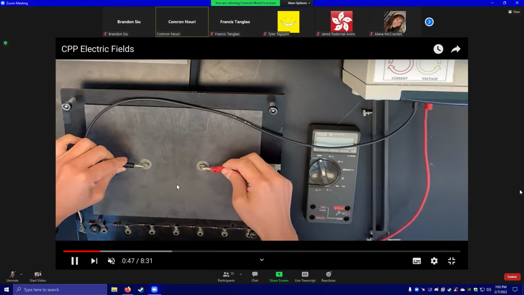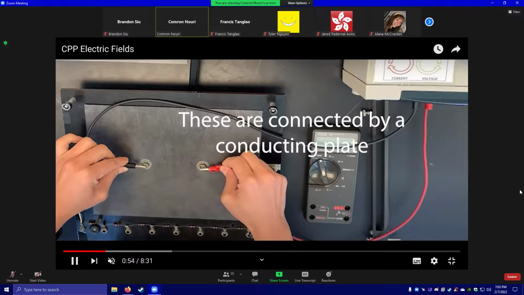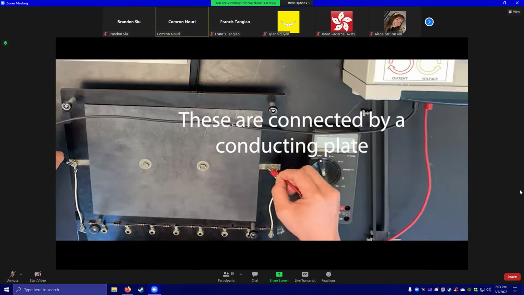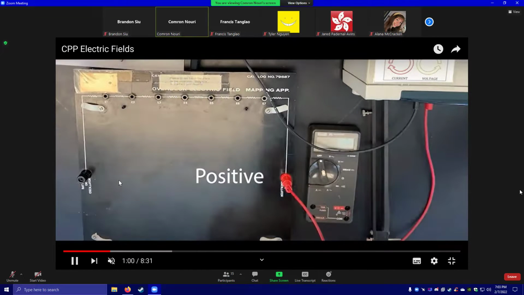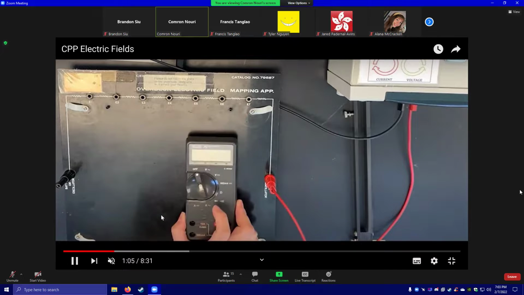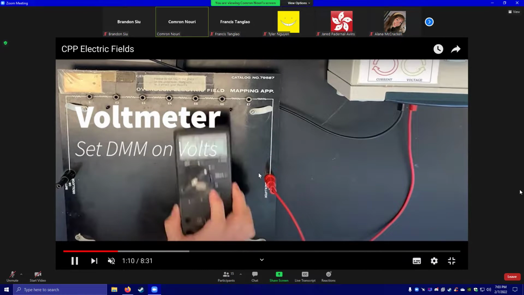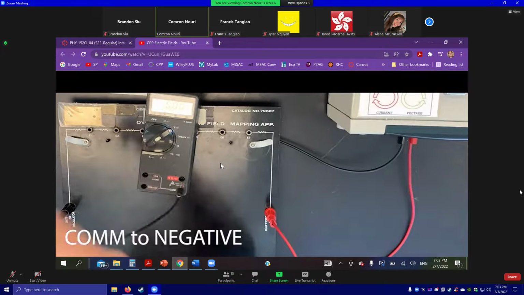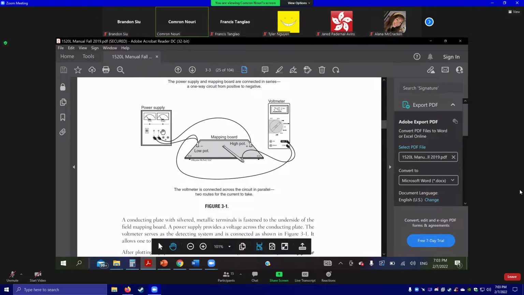And now let's see, she's doing the setup. So she connects basically to these 2, which are directly connected to those 2 points that you saw on the other side. This is the setup. This is the device that you saw.